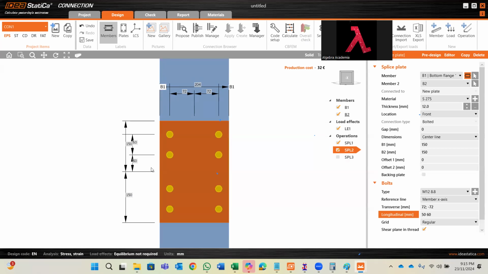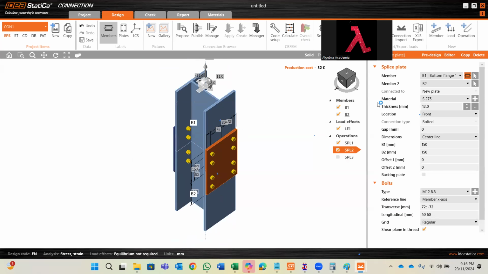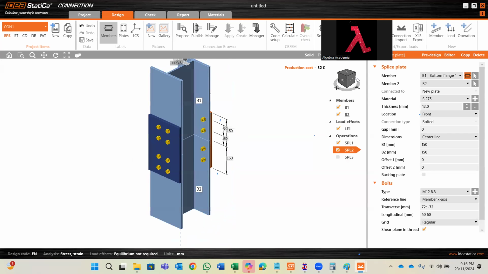I can make it equalized actually. If not, leave it, because this is half of the plate. You do have two bolts here. Then I'll go on the other side. 72, 72.